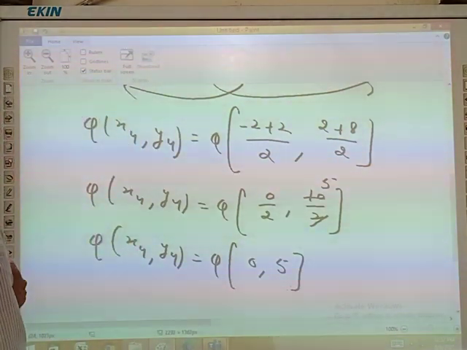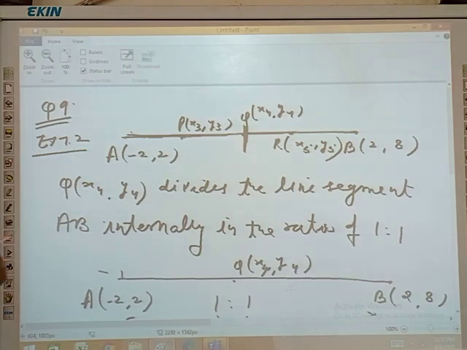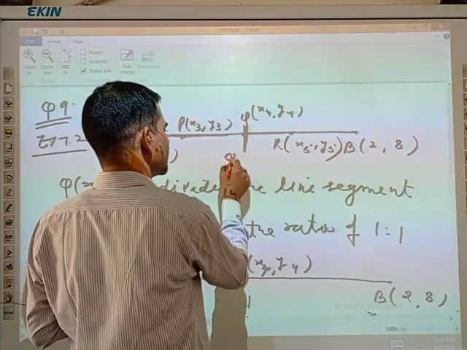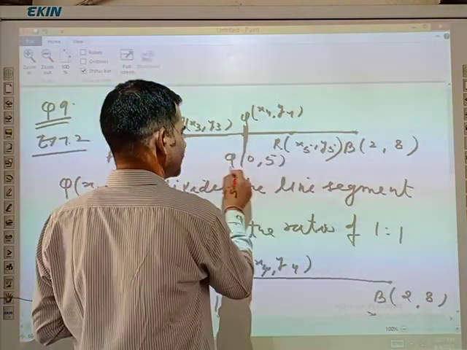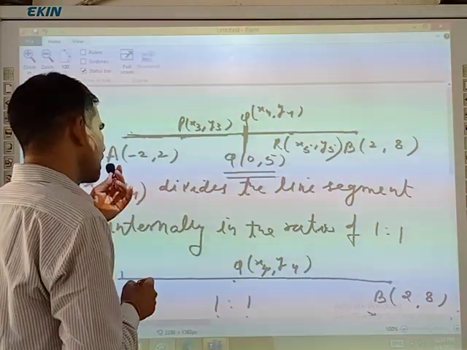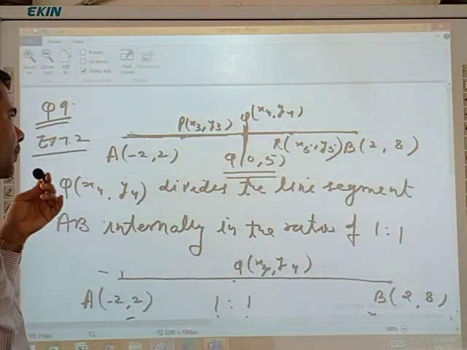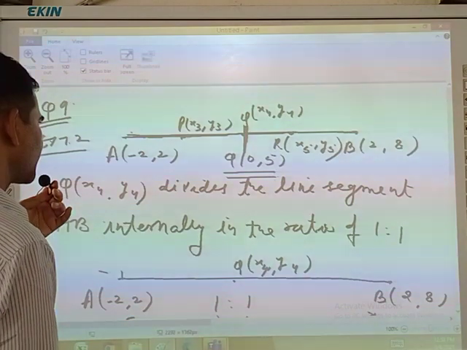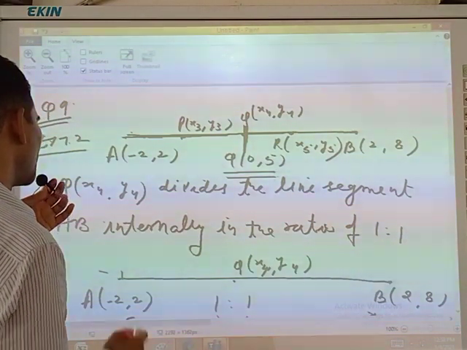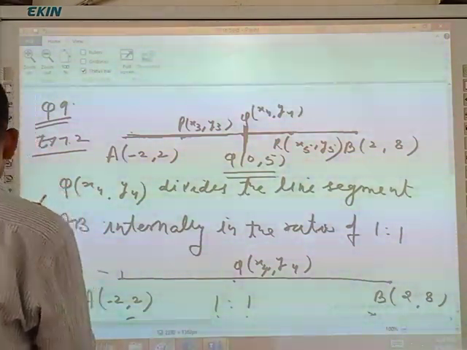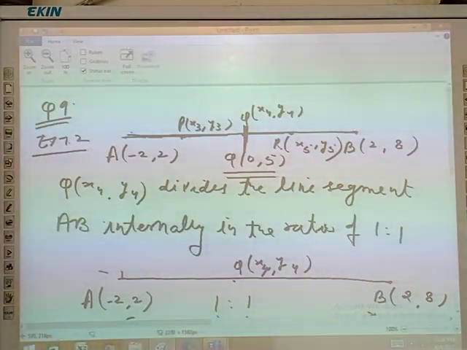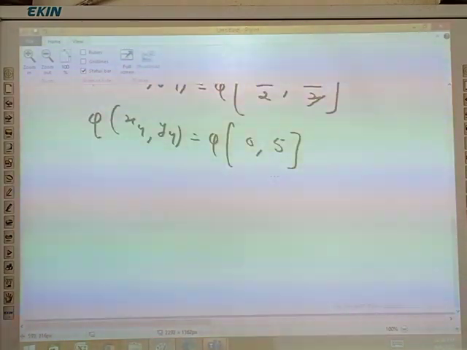Any doubt? No, sir. Now the coordinate of point Q is (0, 5). Now we will find out the coordinate of point P with respect to AQ. P (x3, y3) is the midpoint of AQ. Any doubt? No, sir.